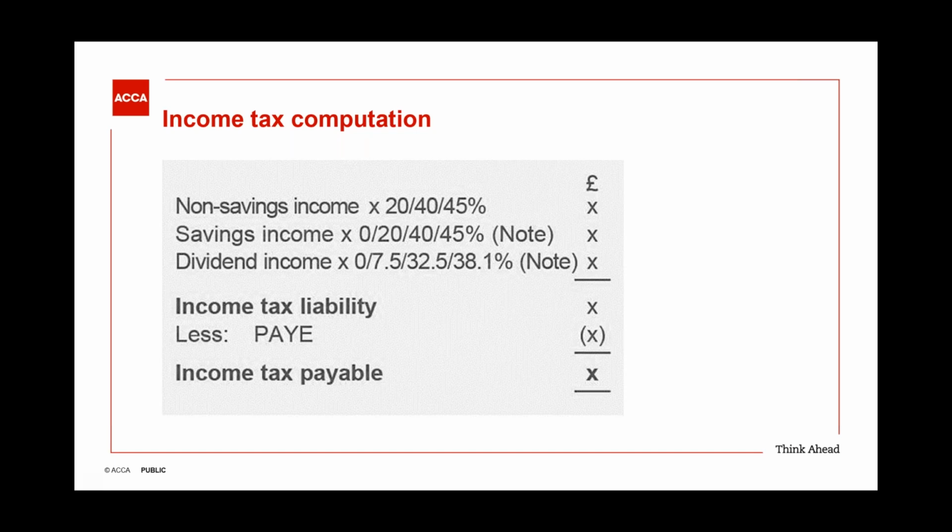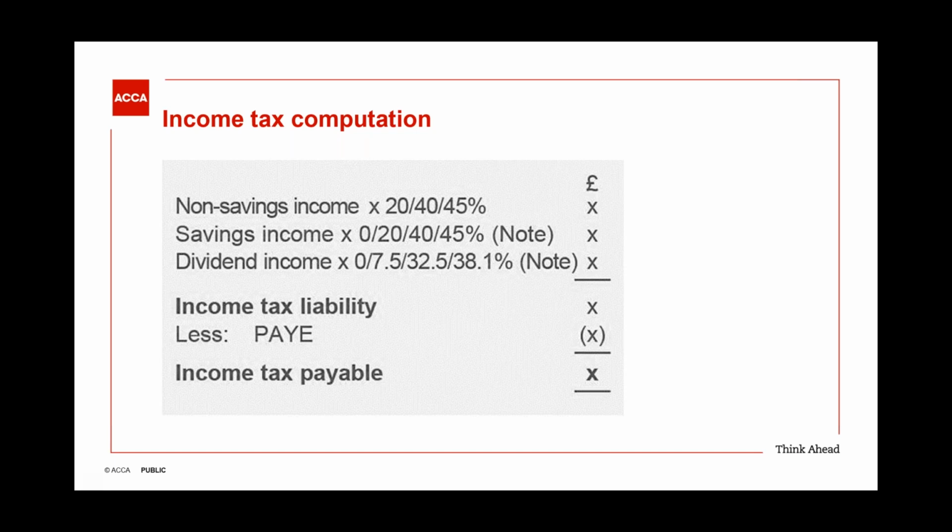Then when it comes to dividend income also, the rates are different from both non-savings income and savings income. If you have dividend income, it doesn't matter whether you are a basic rate taxpayer, higher rate taxpayer, or additional rate taxpayer, you are subject to a dividend nil rate band of 2,000 pounds. So for the tax year 2018-19, if you have dividend income, the first 2,000 pounds is subject to 0%.